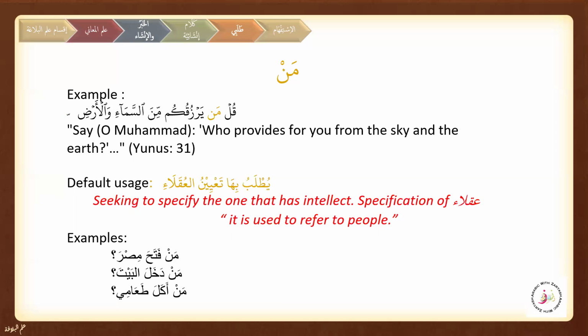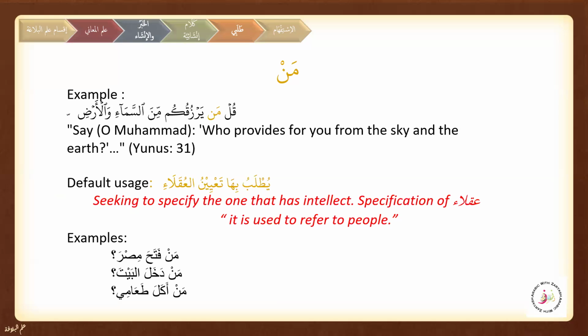So it is like saying yutlabu biha ta'yinu al-'aqil, seeking to specify the one that has intellect, or it is used to refer to people. Like man fataha misra, man dakhala al-bayt, and man akala ta'ami.